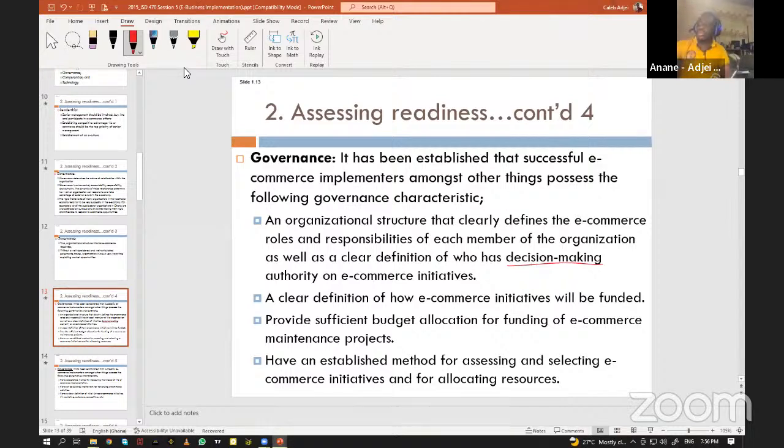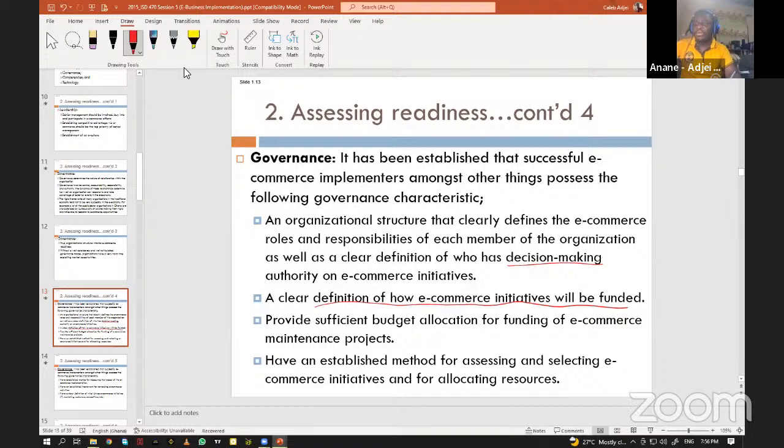Then number two, there must be a clear definition of how e-commerce initiatives will be funded. If you are saying an organization is actually ready to implement e-business, then within their budget system, there must be a clear definition of how the e-commerce initiative will be funded. Then again, provide sufficient budget allocation for funding of e-commerce maintenance projects.